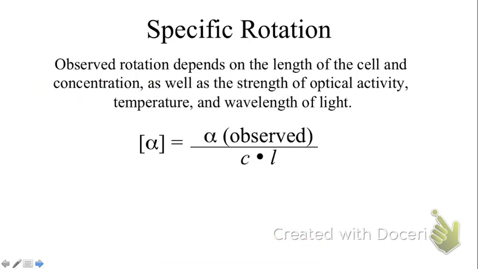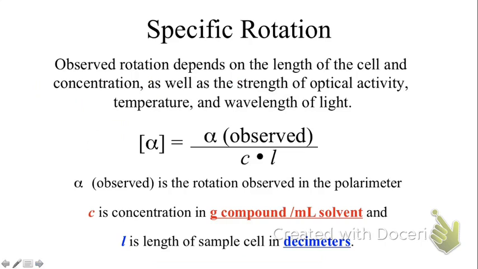That rotation is dependent on the temperature of the sample. So if you look it up, you'll typically see a T written as a superscript, and the wavelength of light used. So what you would end up doing is using your polarimeter to obtain the observed rotation of the light.